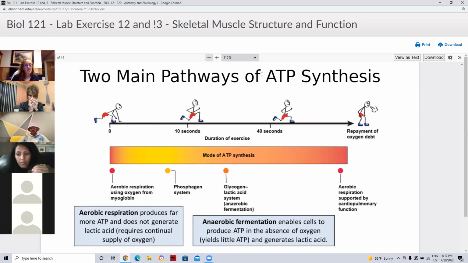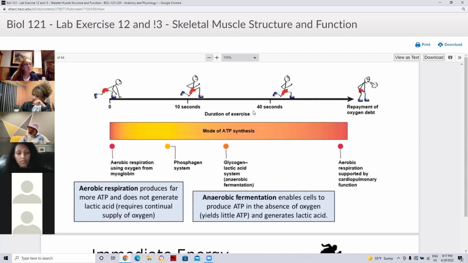I think it's interesting. So there are 2 main pathways of ATP synthesis, because we do need a lot of ATP. The first one is aerobic respiration, which is going to produce far more ATP and does not generate lactic acid, but it requires a continual supply of oxygen. Aerobic meaning oxygen required.